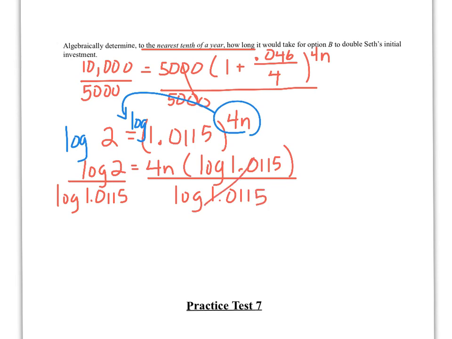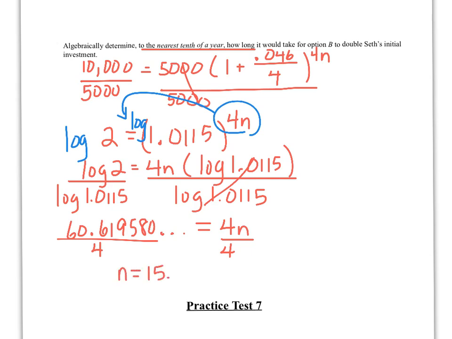And then that's going to give me, now I would ask you to keep this in your calculator, but when you divide the log of 2 divided by the log of 1.0115, it's 60.619580, blah, blah, blah. And that will be equal to 4n. So keep that long decimal in there, and then all we have to do is divide that by 4. And that will give us n equals 15.1548. Now, that would be years.